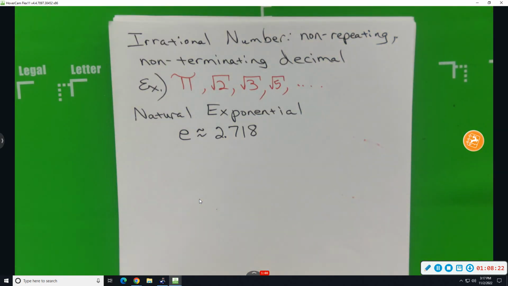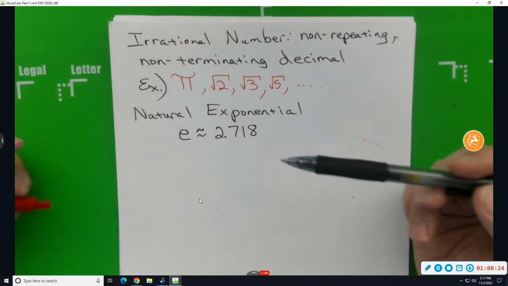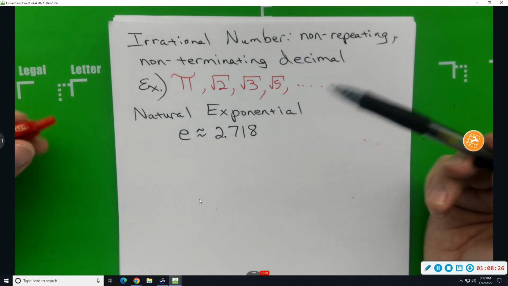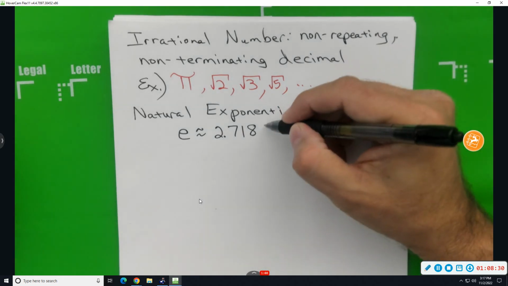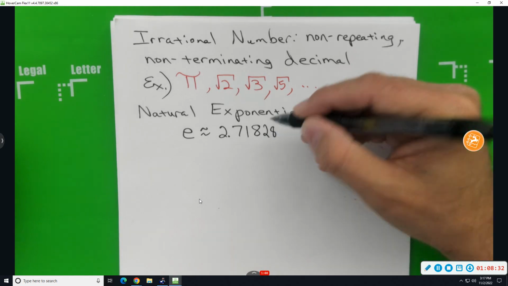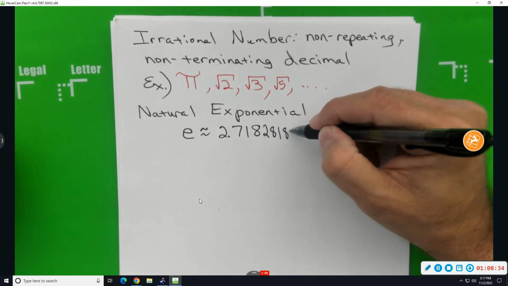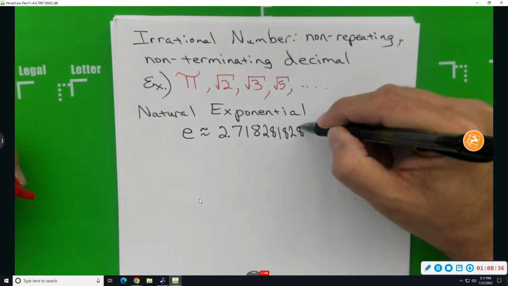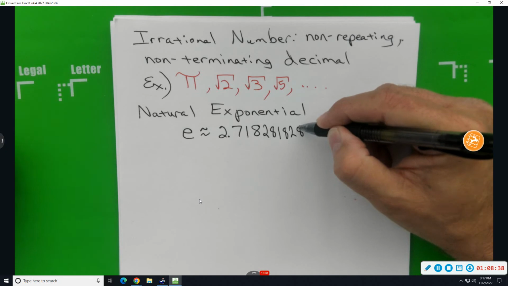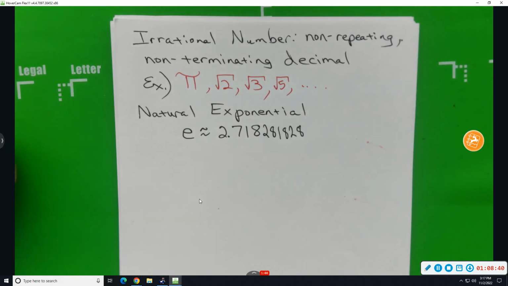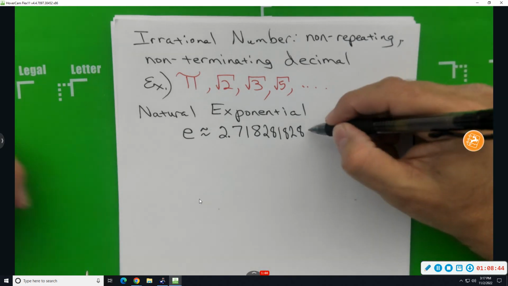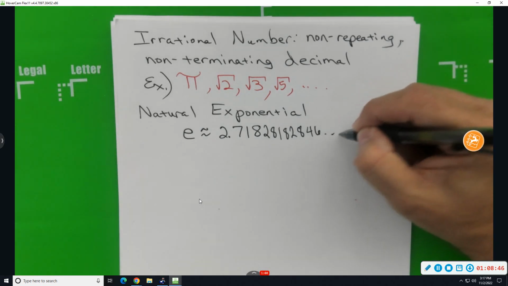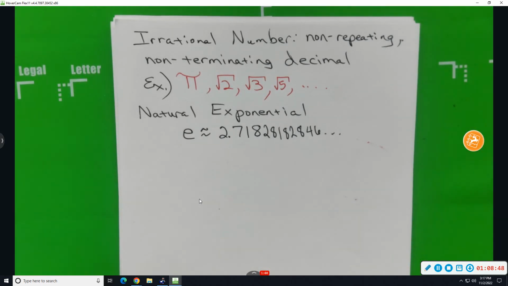It looks for a moment, when you look at the digits on a calculator, that it's starting to repeat the same digits, 18, 28, 18, 28, but then it stops. It doesn't continue repeating.